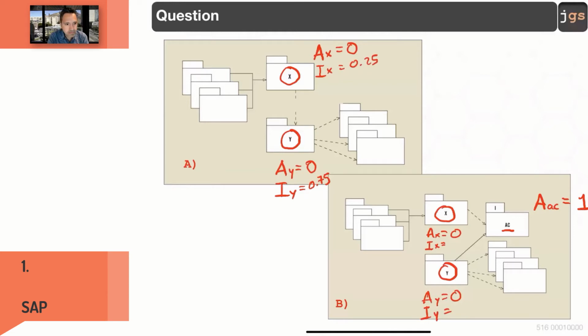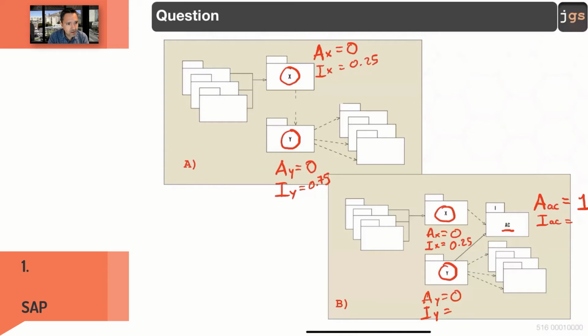instability of X looks like the same as previously or not? Did something change? It's going to be 3 inputs, 1 output. Looks like the previous one. Instability for the Y. And obviously I need to calculate the instability for AC.